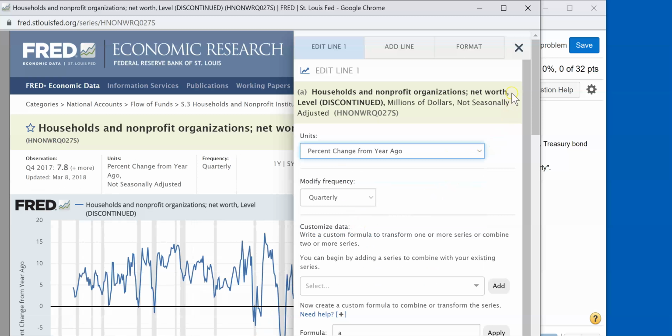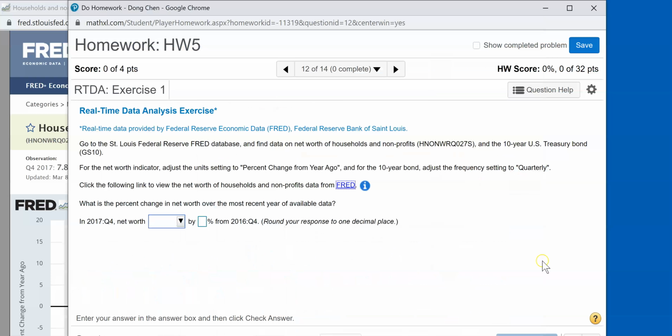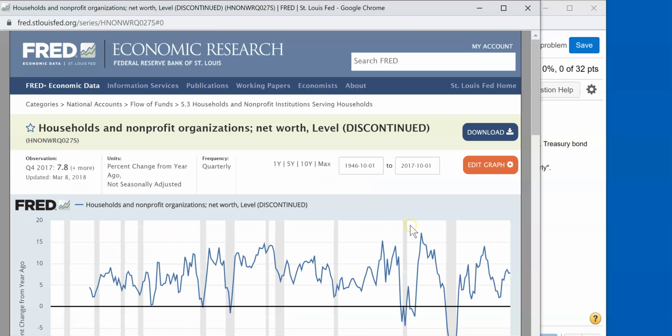Then we can just look at the question: what is the percent change in net worth over the most recent year of available data? So the most recent looks like it's 2017 Q4 net worth.